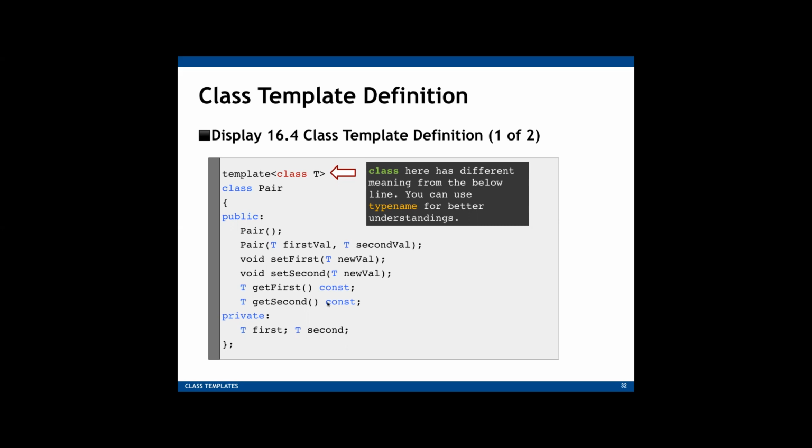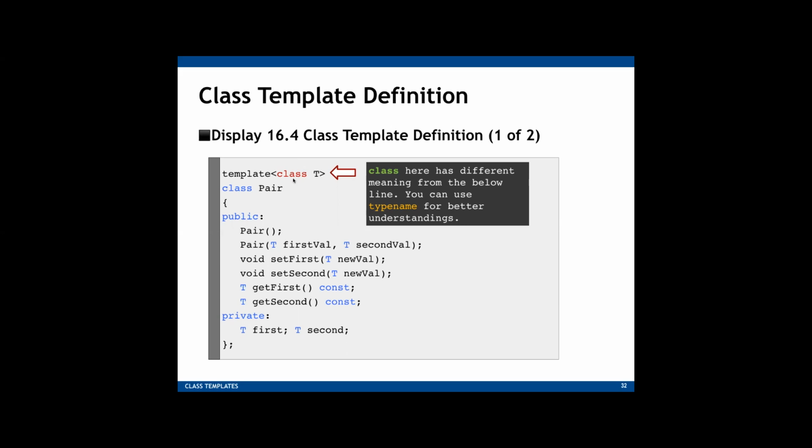And note that this class, the red color class and the blue color class, are both class, but they have different meanings. The blue class means that we are defining a class. The red color class means the type parameter.